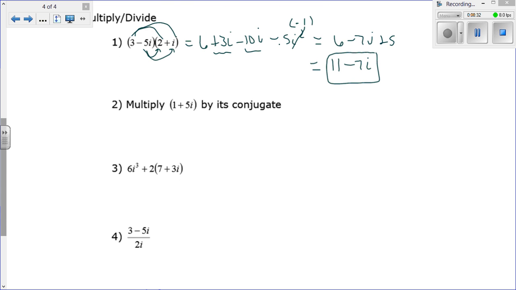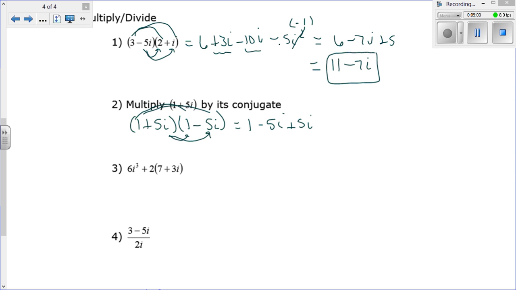Just like we were dealing with radicals, we had conjugates. 1 plus 5i, and its conjugate is 1 minus 5i. I only changed the sign in the middle, remember. So I do FOIL. 1 times 1 is 1. 1 times negative 5i is minus 5i. 5i times 1 is plus 5i.